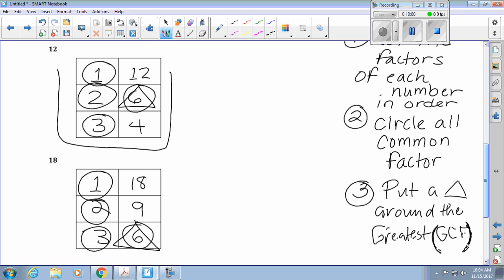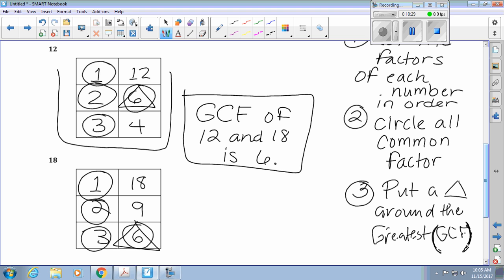It's just a way of showing that they have all of these common factors, but the greatest of all of the common factors is 6, and we mark that with a triangle. What you need to do is actually clarify that the greatest common factor, nicknamed GCF, is, so the GCF of 12 and 18 is 6. We really just want to be very clear that it is 6, even though you have a lovely triangle around that. Any questions on that?